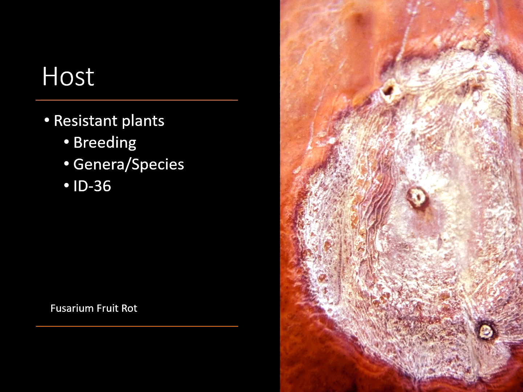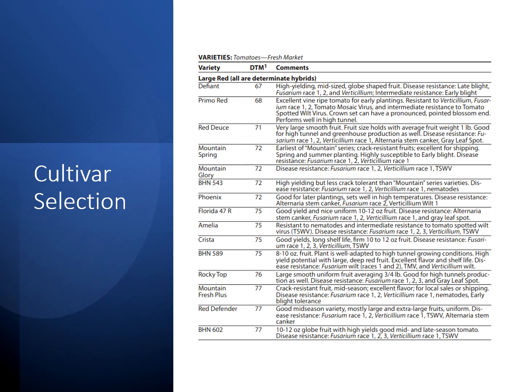Again, genus, species, cultivars. And for those of you familiar with the publication we call ID 36, that is our vegetable production guide for commercial growers. There are sections within ID 36 that describe resistant and susceptible hosts. And here's just a snapshot from that ID 36 as an example.